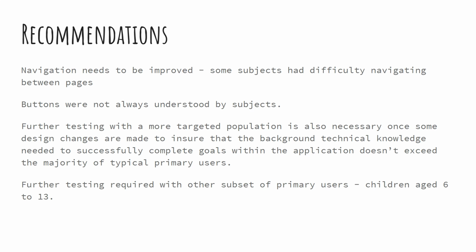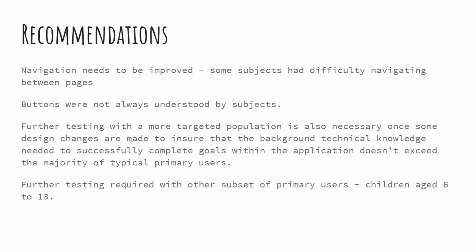And then I felt like I left some spots open for usability testing, so I would want to do further testing within a more targeted parent population. So again, with those occasional users of mobile applications.